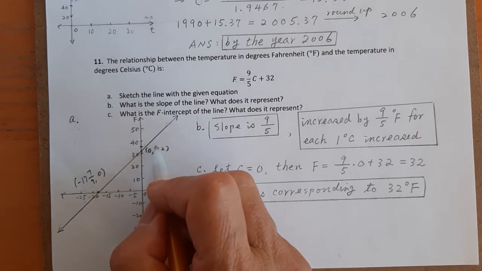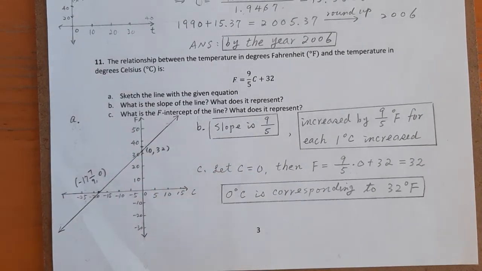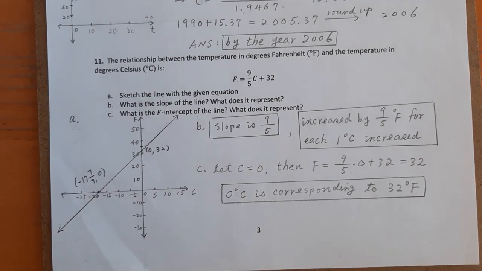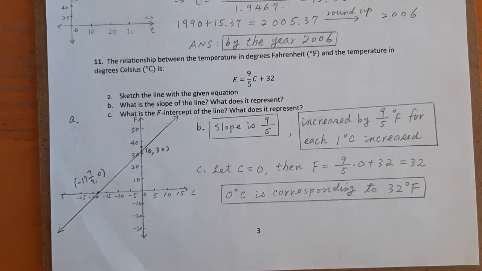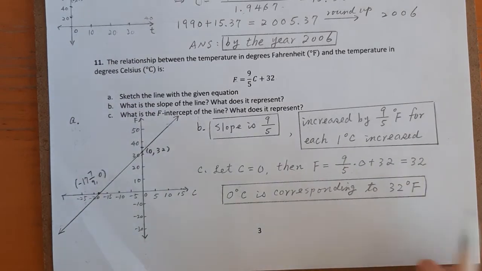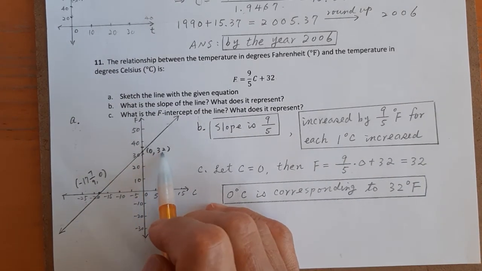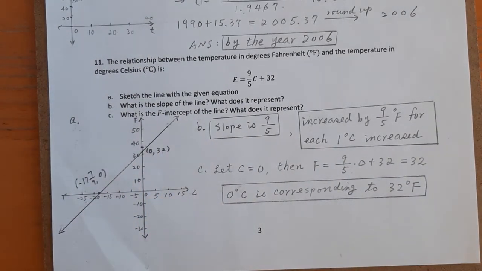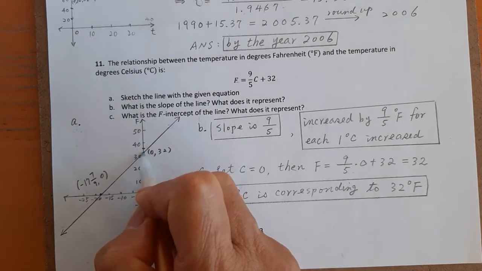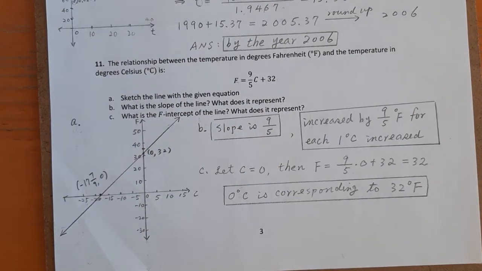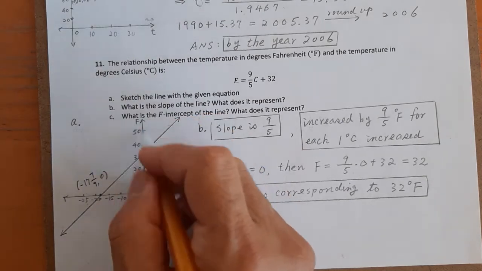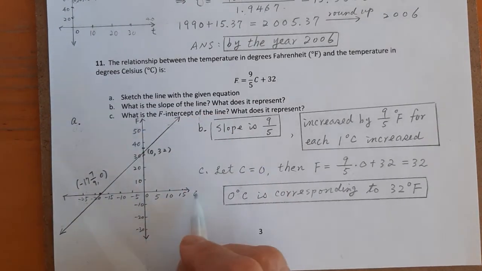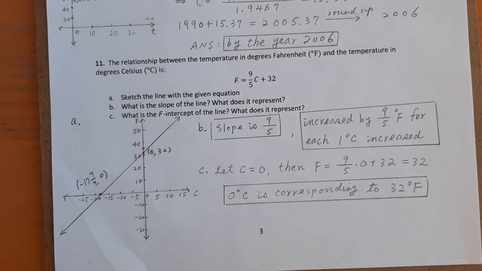When C equals 0, F is 32. 0 degrees Celsius corresponds to 32 degrees Fahrenheit. So it's this point. That is the F intercept.